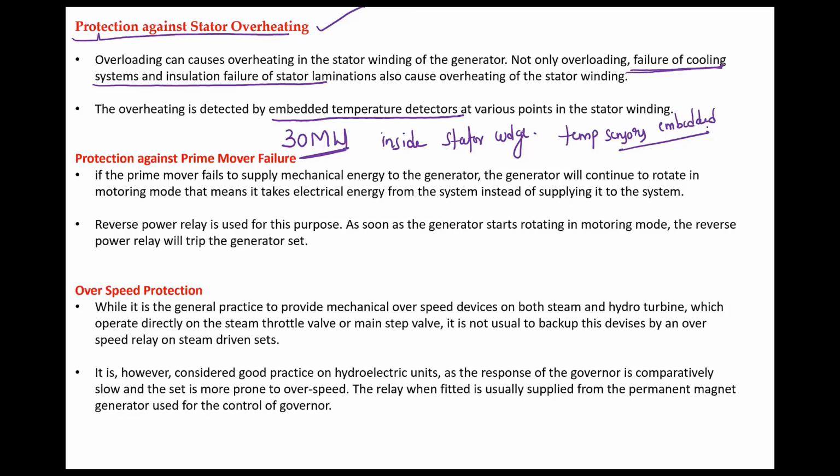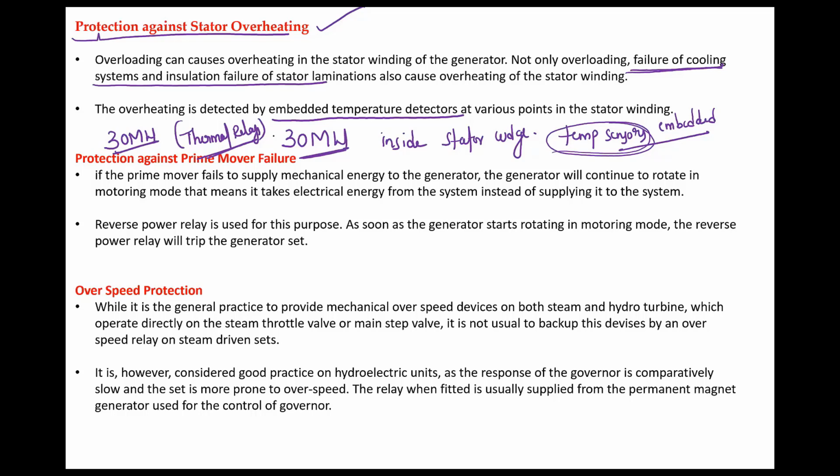But for generators below 30 megawatt, we use resistance temperature detectors, RTDs, so thermal relays are used for protection against over temperature. For capacities above 30 megawatt, the temperature sensors are embedded inside the stator winding. For below 30 megawatt, we use thermal relays, which will detect the temperature and cause tripping.